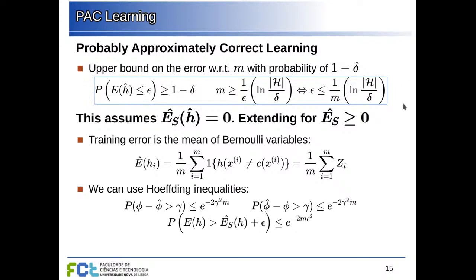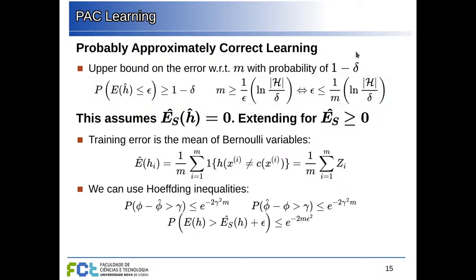This means that there must be this relation. M must be greater than 1 over epsilon multiplied by the logarithm of the size of the hypothesis class divided by delta, or we can look at this in terms of epsilon, the boundary on the true error as a function of m.